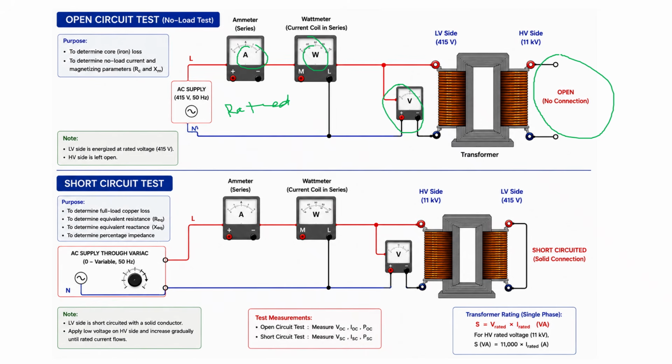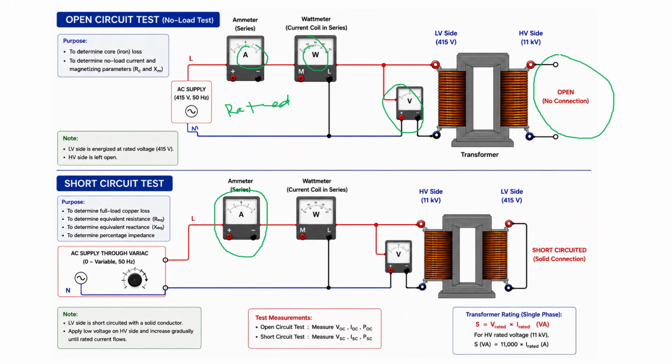But for the short circuit, we short the low voltage side and make the voltage at zero level. Then we slowly increase it until the current measured on the primary side reaches the rated value. Maybe this part is shorted, so the current will rise quickly.